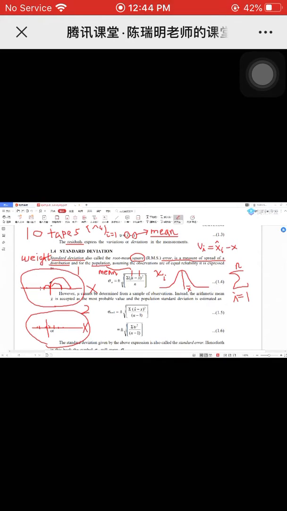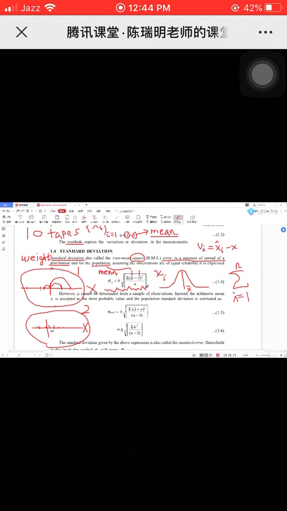So you get an average. In some sense, you can treat it as an average error from the mean. Average error. So this average error, the less the better.